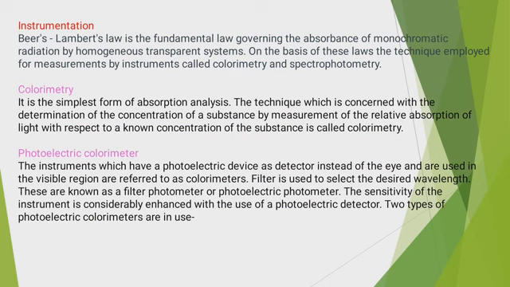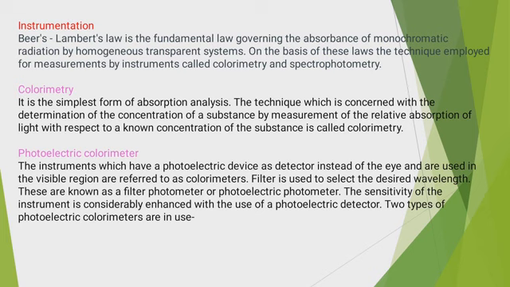In the photoelectric colorimeter we use filters as well as a photoelectric device for detection, but in colorimetry the eye is the optical instrument, and we measure only the absorbance as a function of the concentration.